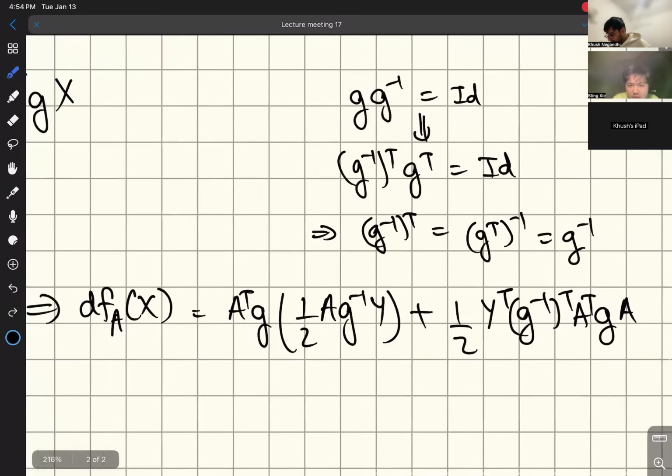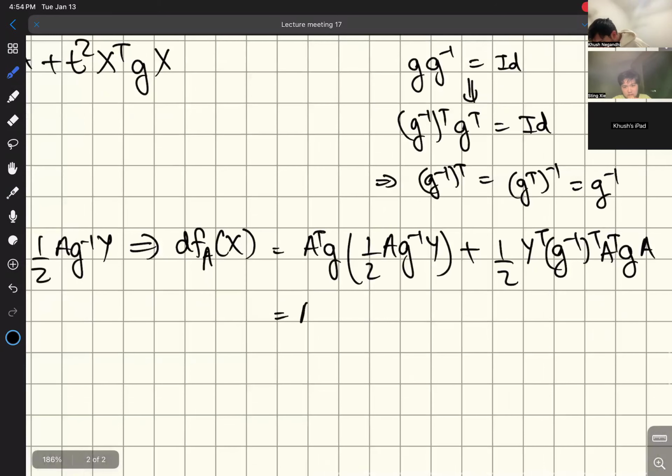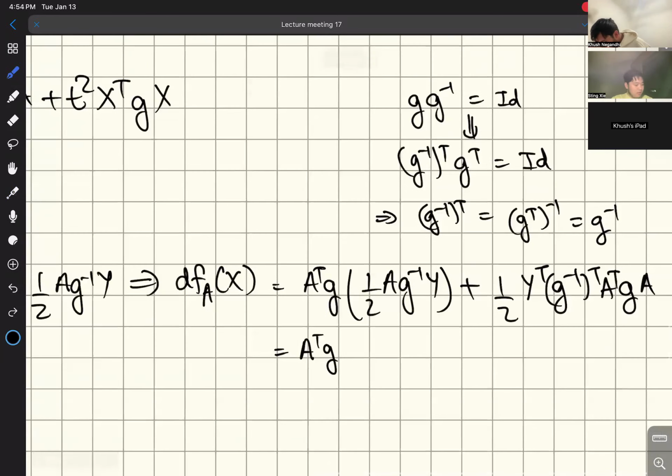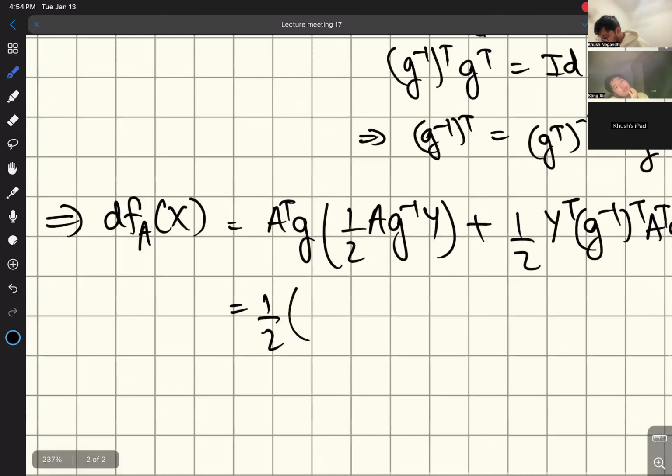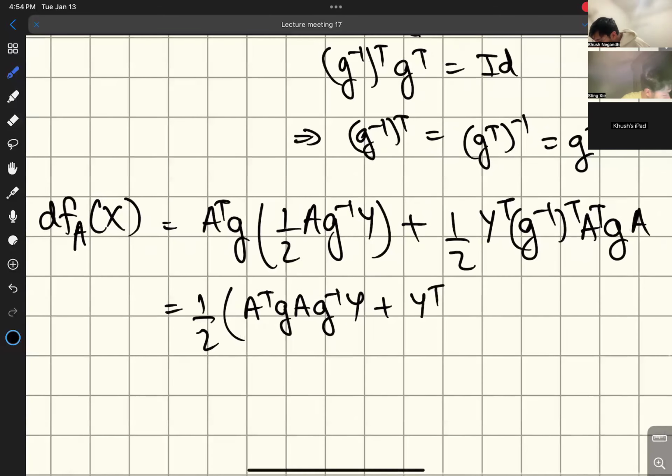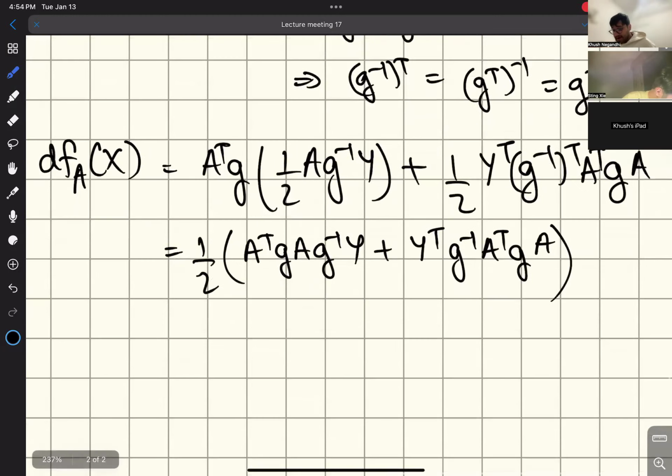So what this tells me is, I'll factor out the 1/2, it's 1/2 times A transpose G A times G inverse Y plus Y transpose G inverse A transpose G A. But what was the defining characteristic of A?